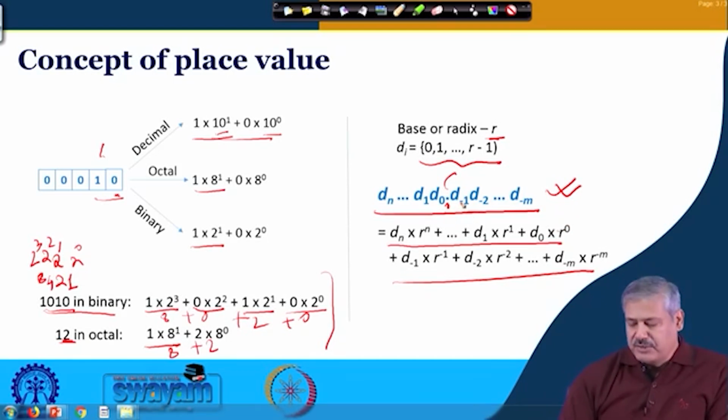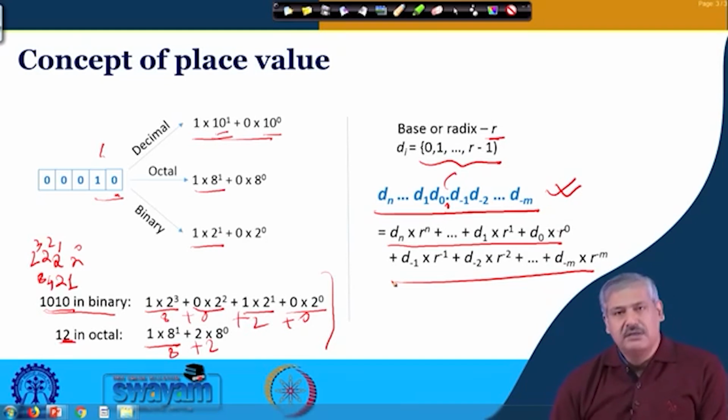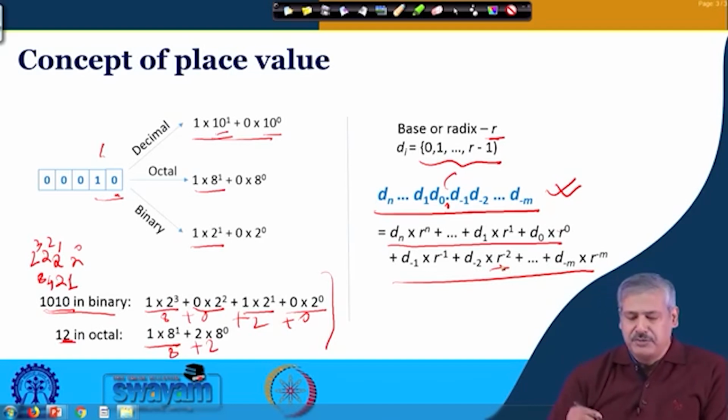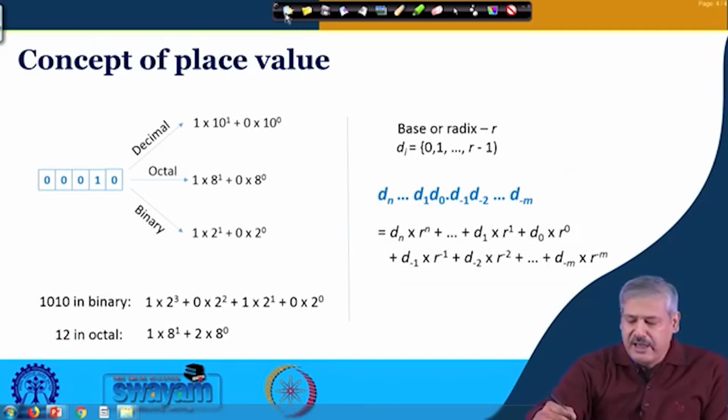So, d minus 1, this is the first digit, which is multiplied by r to the power minus 1. So, the place value here is 1 upon r. This is we have to keep note of. The next place value is 1 upon r square, so r to the power minus 2. So, this way it continues, and we arrive at the value in this manner.